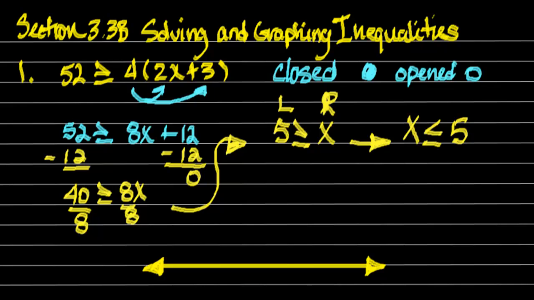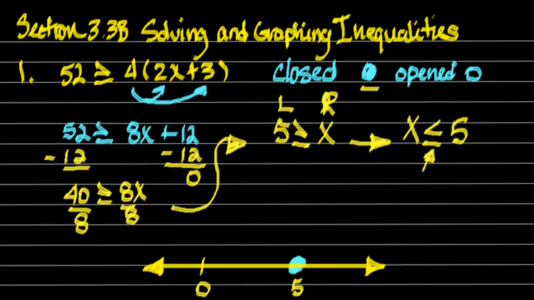So I can see that my shading is going to be traveling to the left. So let's put down 0. Let's put down 5. And we've already decided that this is a closed set because of the equal bar underneath there. So let's go ahead and make it closed. I'm going to change my shading color.